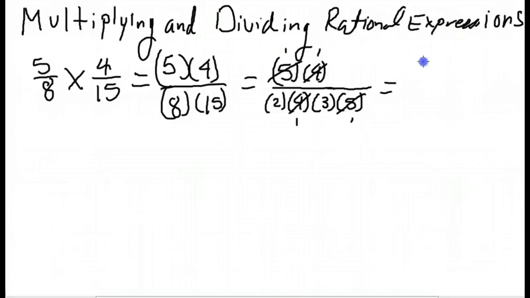Up top I have a 1, and on the bottom 2 times 3 is 6. Answer is 1/6. Since there's no variables in this, there are no non-permissible values. That will certainly come in.